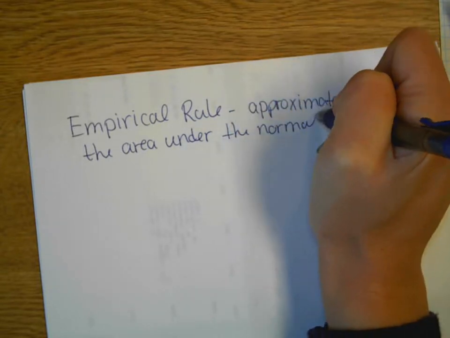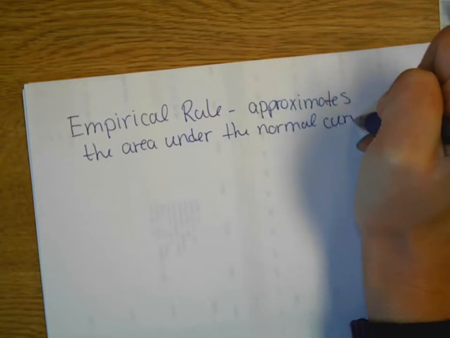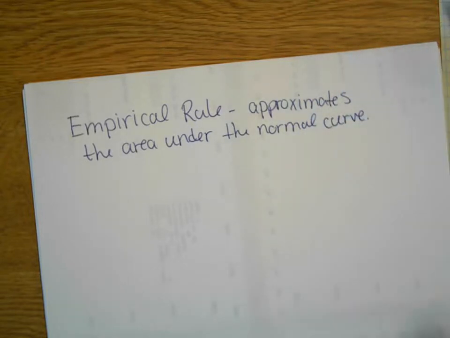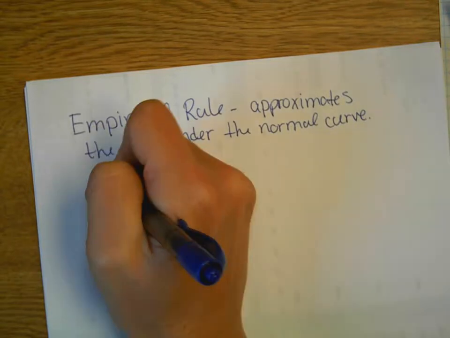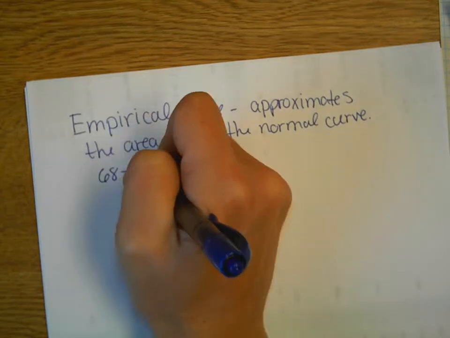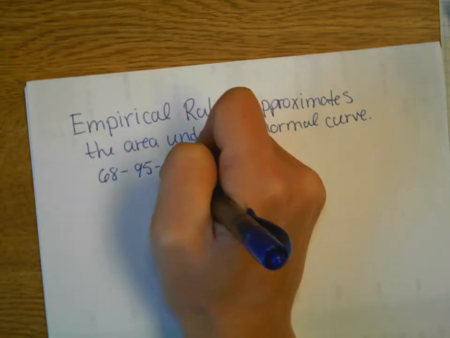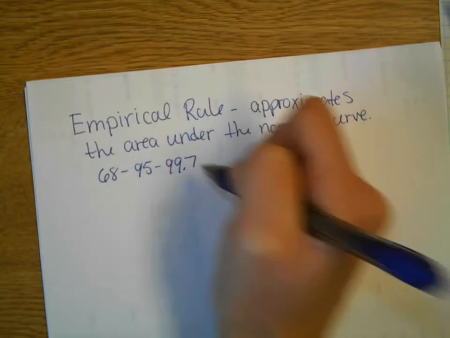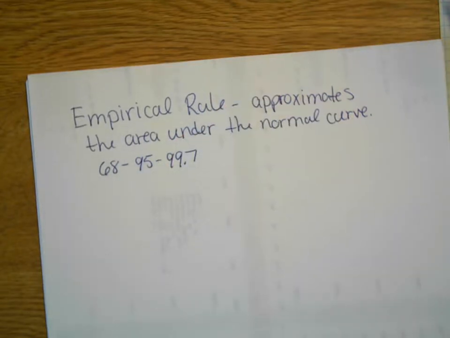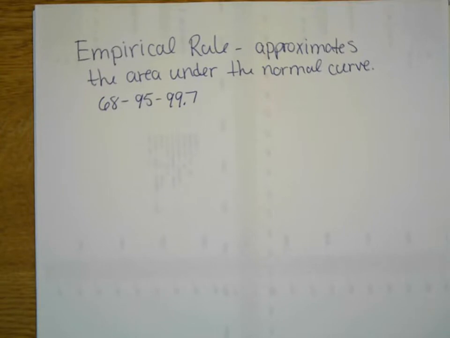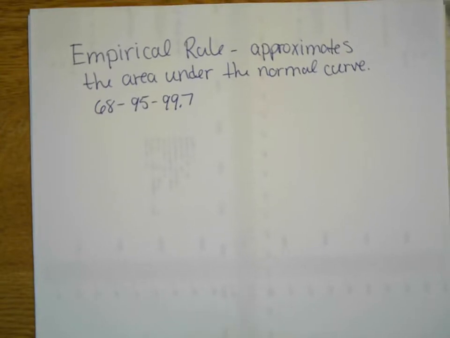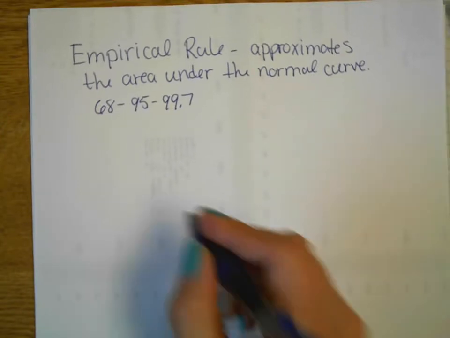When I throw these numbers out, you're going to say, oh yeah, it was the 68, 95, 99.7 rule. Okay, so we're going to review that empirical rule.